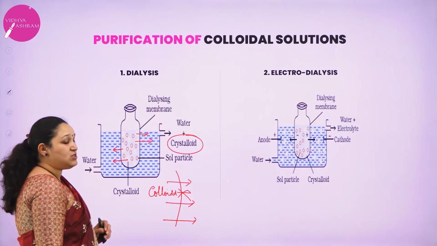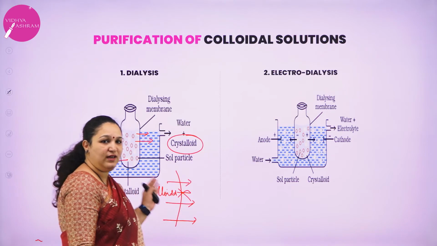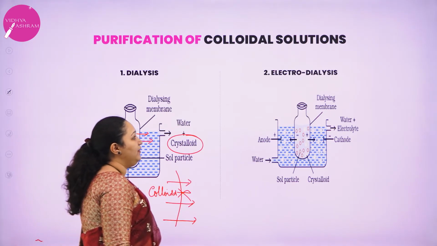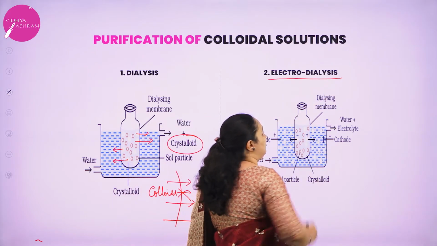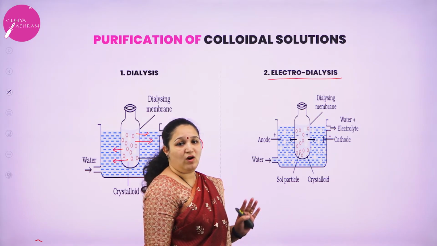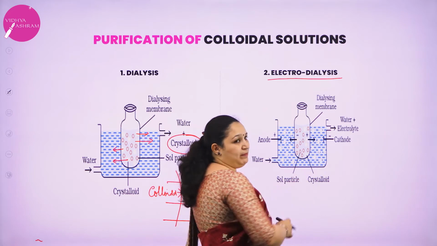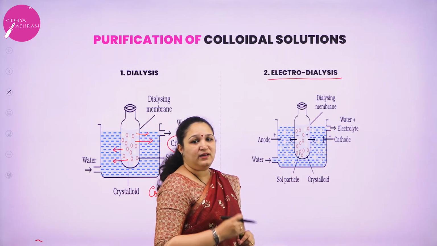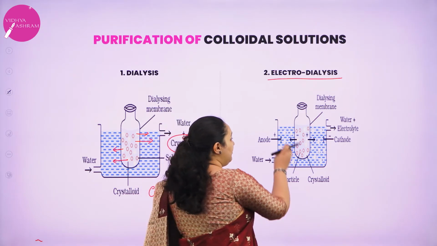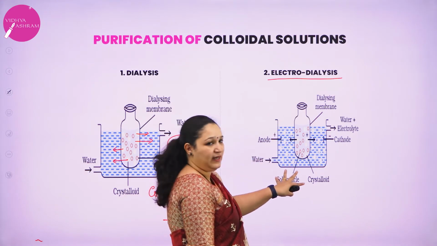But this process of dialysis is very slow. To increase the speed, we have electrodialysis. This is a special method of dialysis in which an electric field is applied to accelerate the speed of dialysis. We put an anode and a cathode into this container.